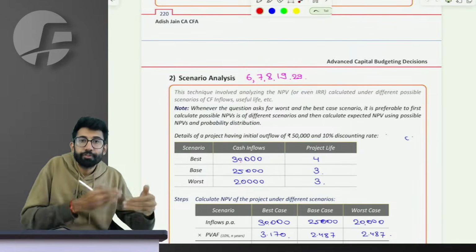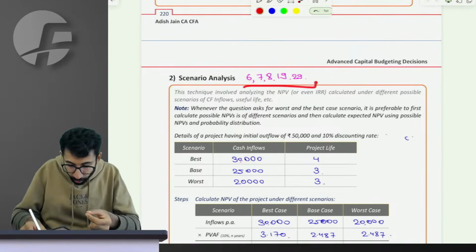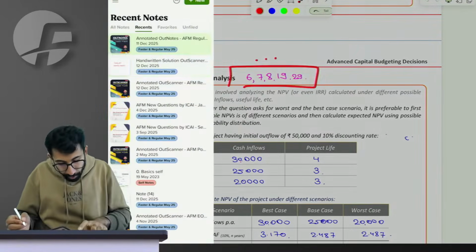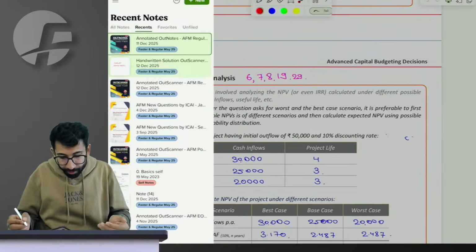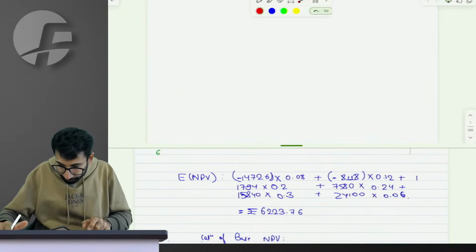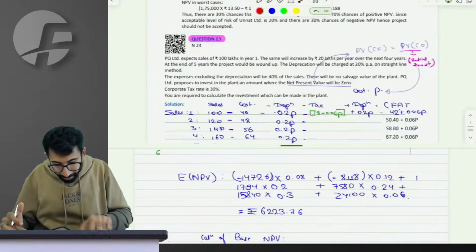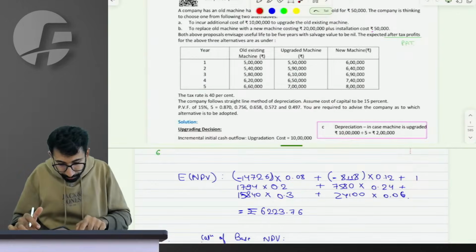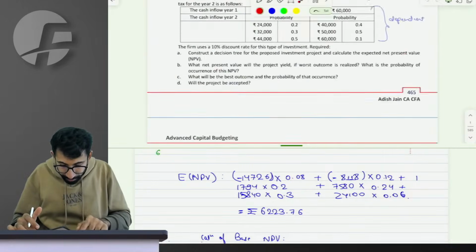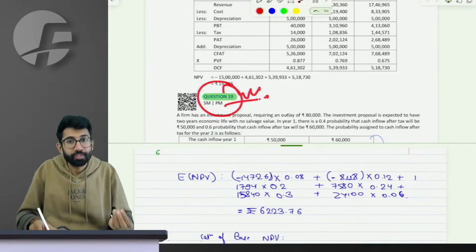When I create further versions of OutScanner, I might rectify and bring all these questions into sequence. For example, the 19th question that you see here, I might change to question 9 in the next version of OutScanner.